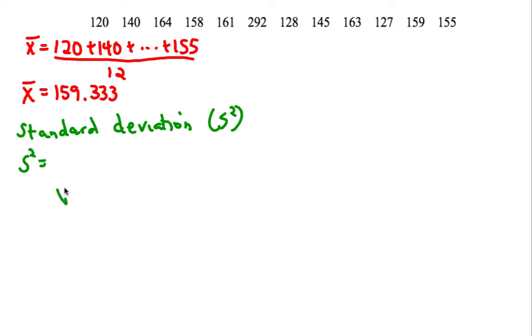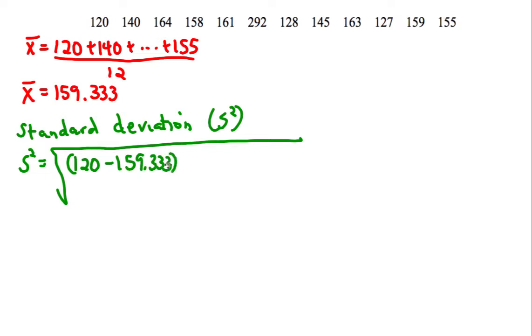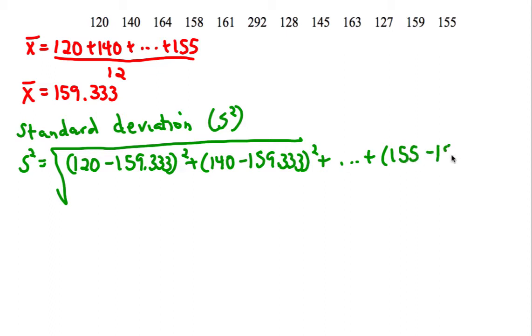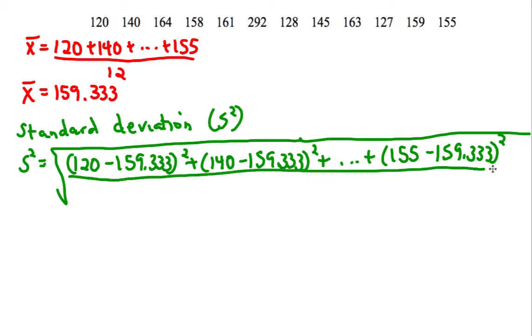Standard deviation is equal to the square root of, then write down my first data entry, minus my mean, 159.333, quantity squared, plus, then repeat that for my second data point, quantity squared, plus dot dot dot, which means I continue this pattern for all data points until I get to my last one, and then I need to write my last one down: 155 minus my mean, quantity squared. Divide by n minus 1. So I'd say divide by, in this case, 12 minus 1.